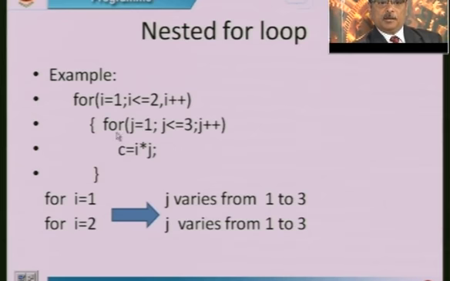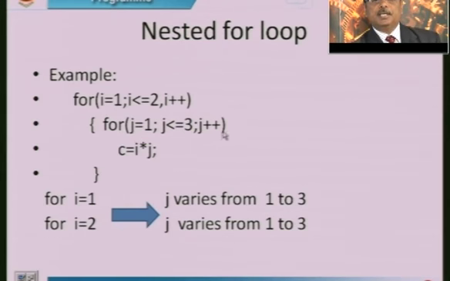Begin the for, and you are putting one more for loop inside another for loop. Here you are initializing another variable j equal to 1; j less than or equal to 3; j plus plus. How does this for statement work? Initially for i equal to 1, j varies from 1 to 3 and executes this statement.